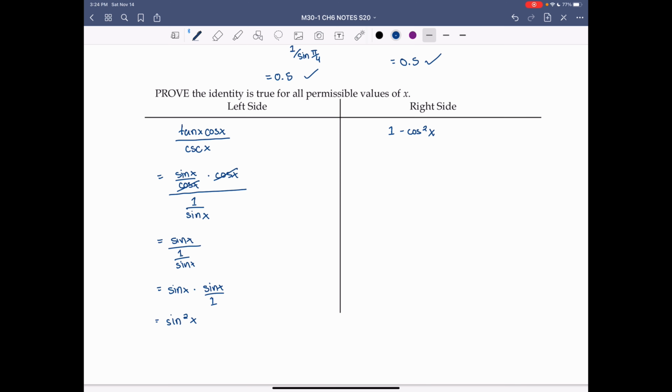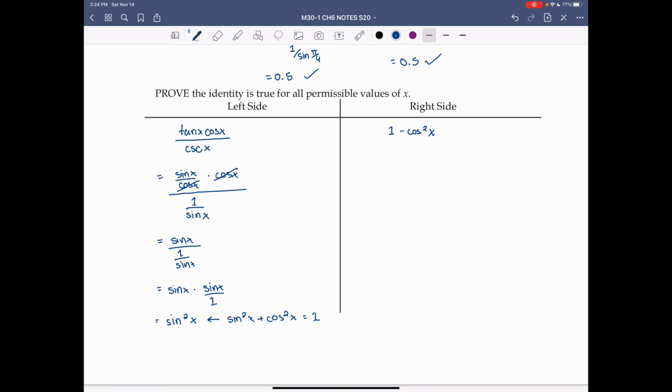And we want to turn sin squared x into 1 minus cos squared x. Remember our Pythagorean identity, we have that sin squared x plus cos squared x equals 1.